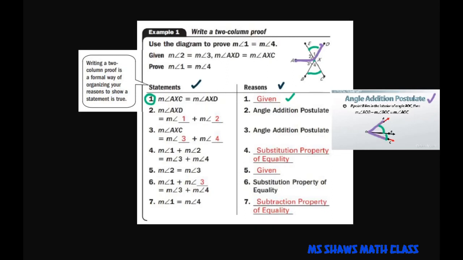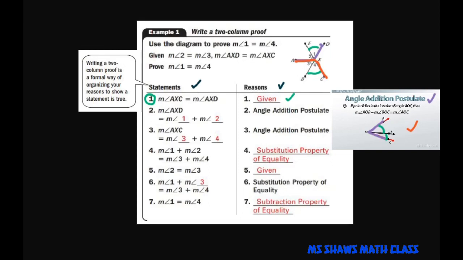Once you say that, you're going to do the other one too. So we have to do the other angle, which would be the measure of angle AXC, and we're using the angle addition postulate again. So then you can use substitution.